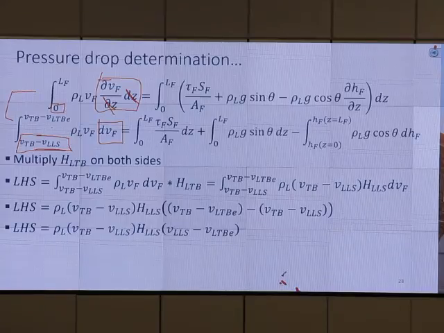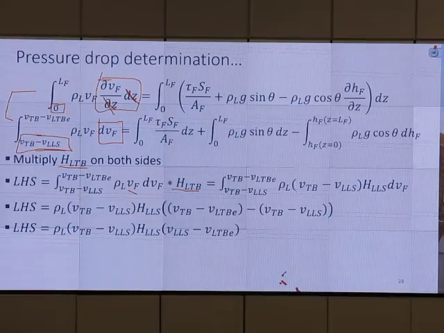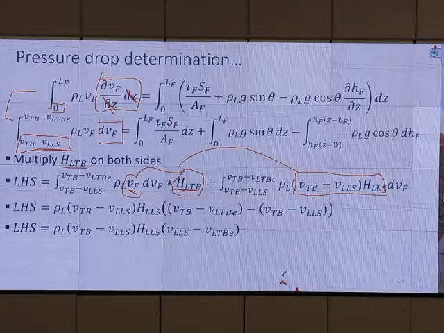Same technique. On the left hand side, I multiply by HLTB on both sides. VF is VTB minus VLTB, so VF multiplied by HLTB equals VTB minus VLS multiplied by HLS. This term equals this term according to the X equation.